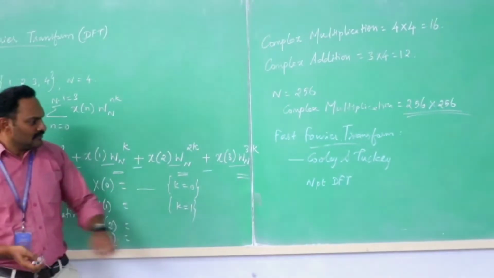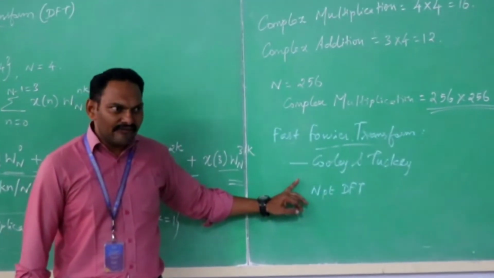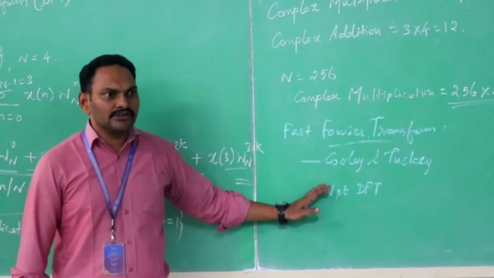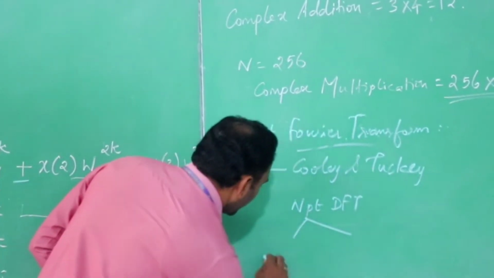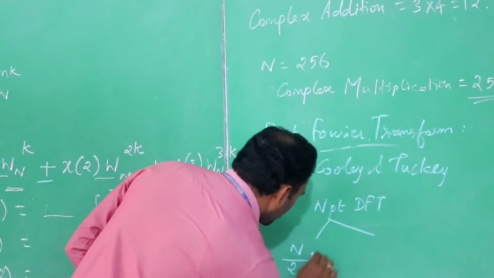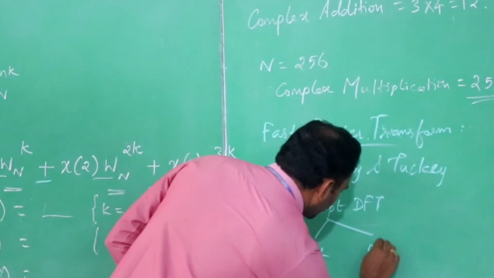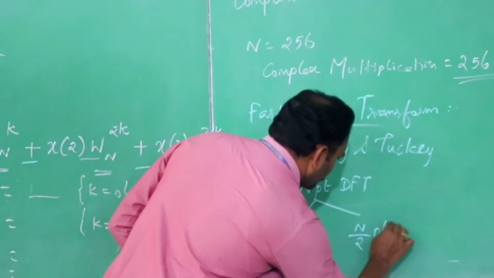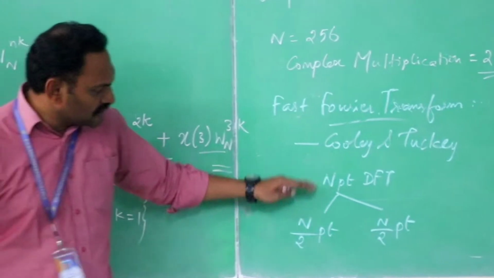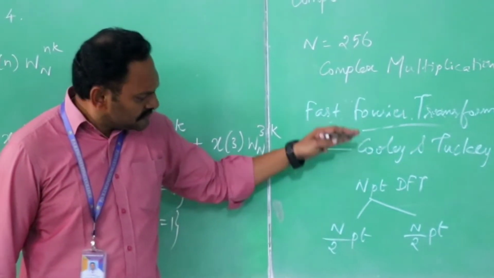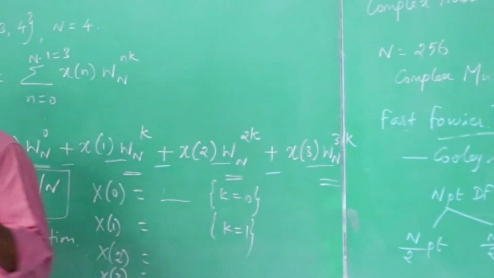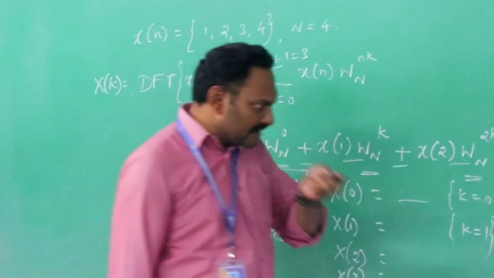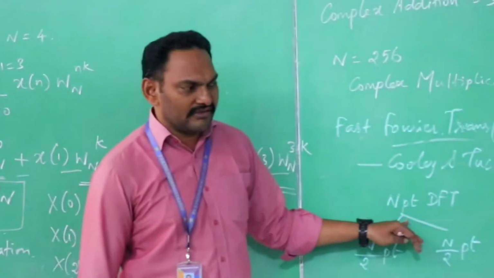simple calculations we are going to perform, which means we can divide the N-point into 2. That is nothing but we are going to subdivide N into N by 2 point and N by 2 point. Simply we are going to divide into 2, which means the whole entire problem is divided into sub-problems, then it will get easy and fast results.